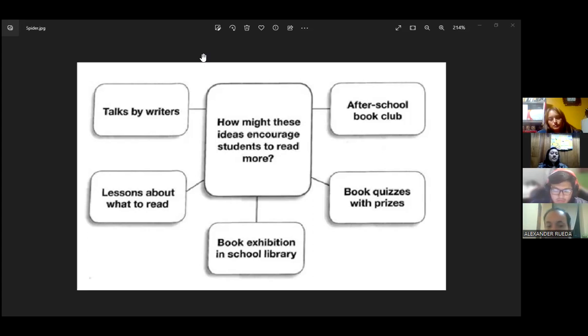In addition, a space like this would generate a healthy competitiveness to know more and acquire more information through books. That's my opinion.